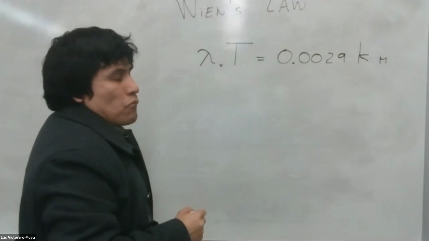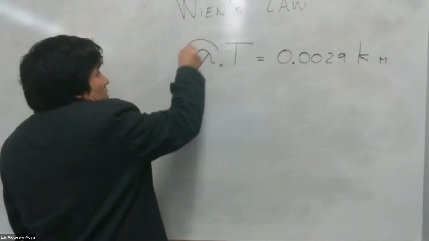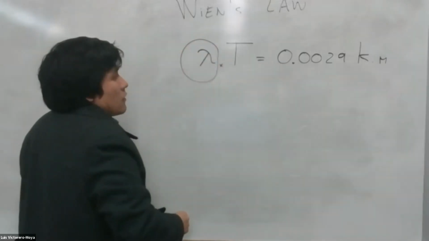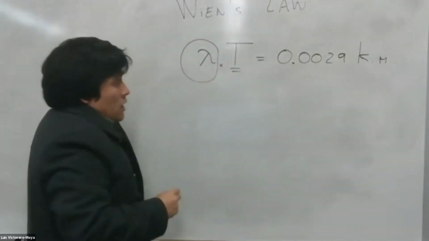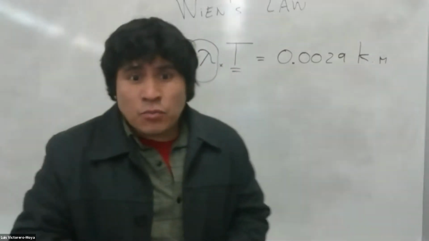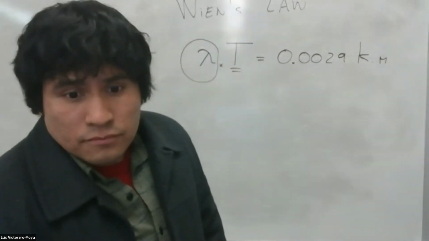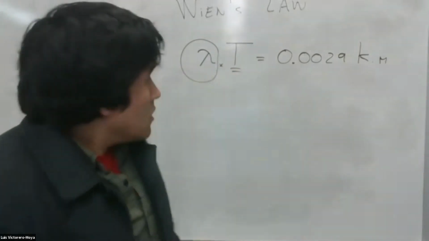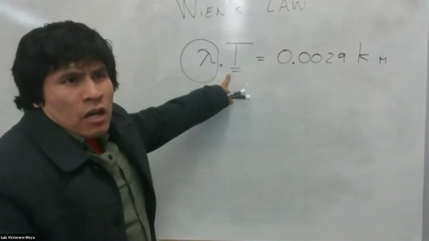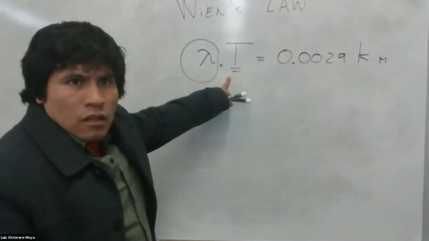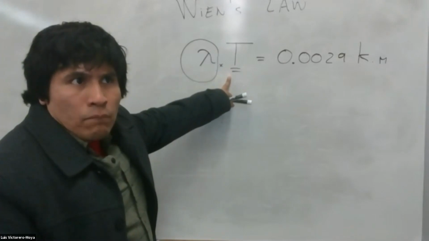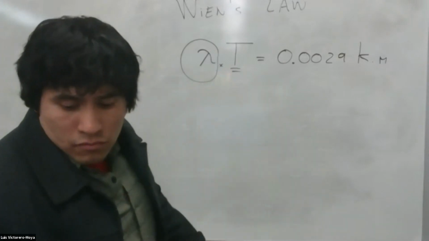Okay. So if you know the wavelength, you can find the temperature. If I do that exercise with the sun, we know it is around 5,800 kelvins.